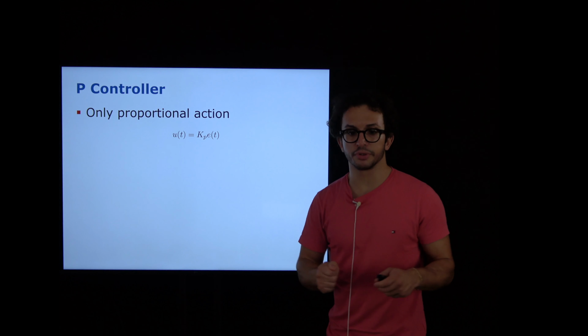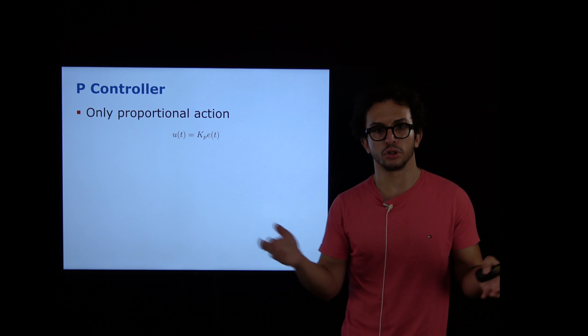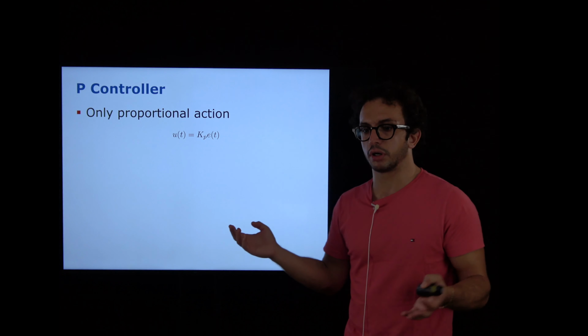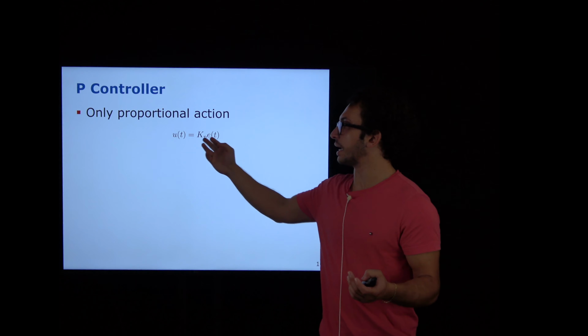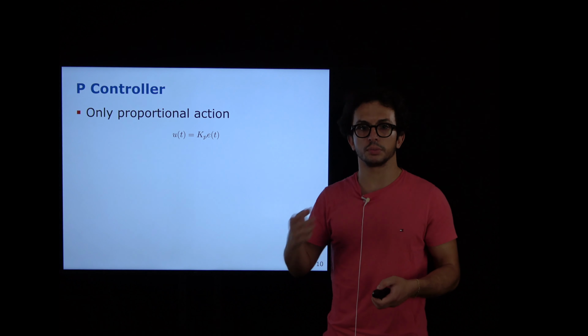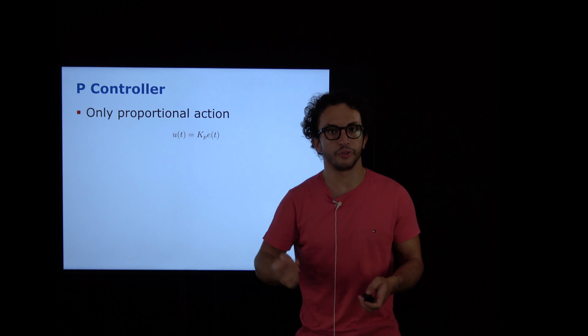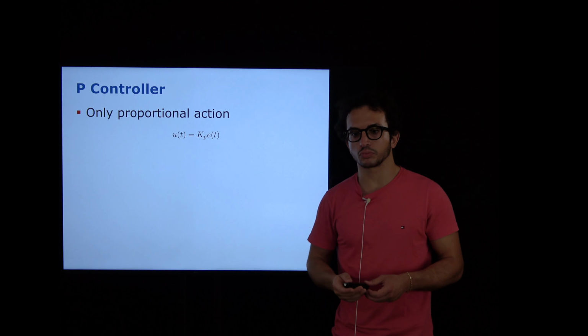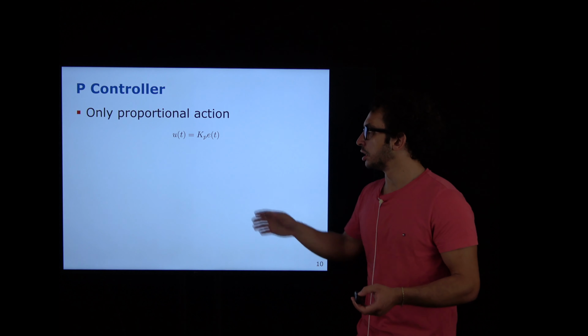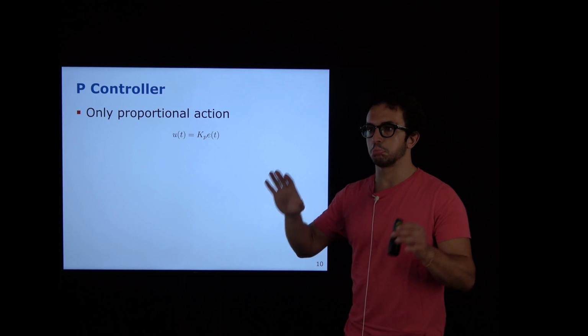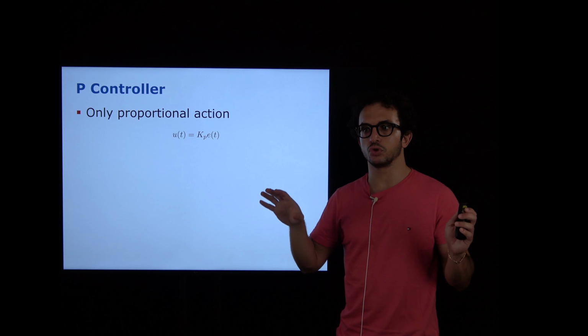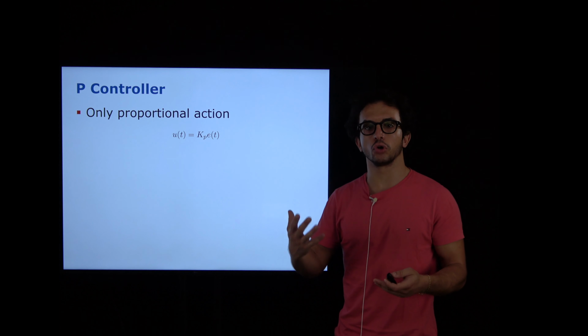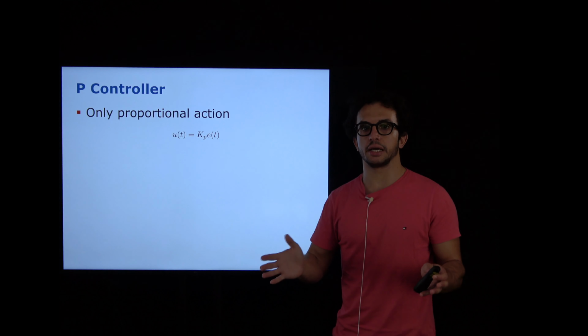And we can start with the simplest controller, which is the proportional action, the P controller. Where a P controller is just U equal to K times the error. This is something we've already seen, something we've used also for the neutral model of the bicycle. It's as simple as: we look at the error and we want the control action to depend on the error.